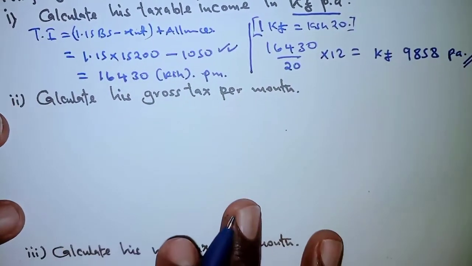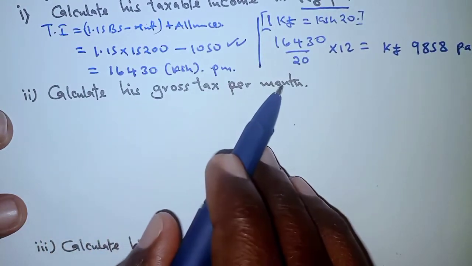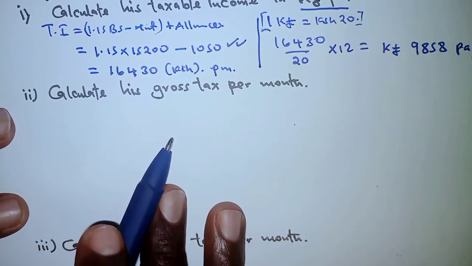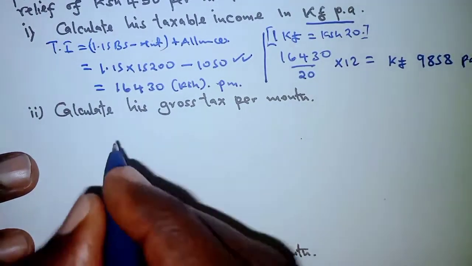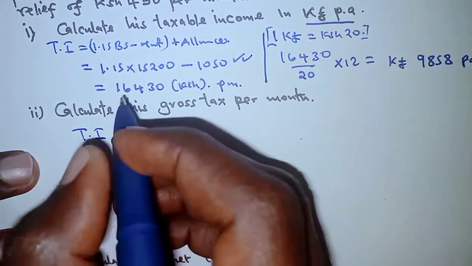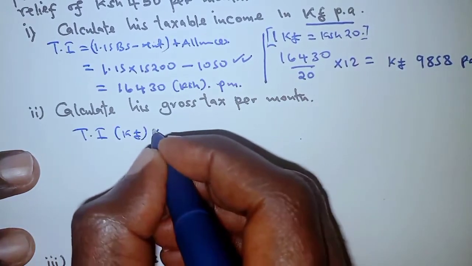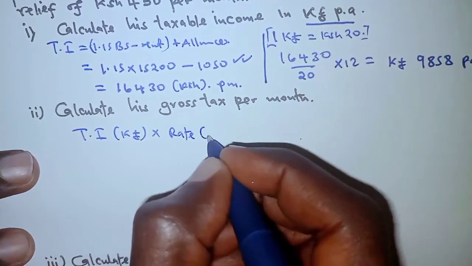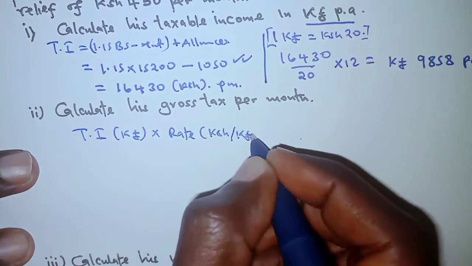So to the next part, we are required to calculate his gross tax per month, in other words, the total tax. So we usually have the taxable income, which we are given in Kenyan pounds, multiplied by the rate, and the rate we are given in Kenyan shillings per Kenyan pound.